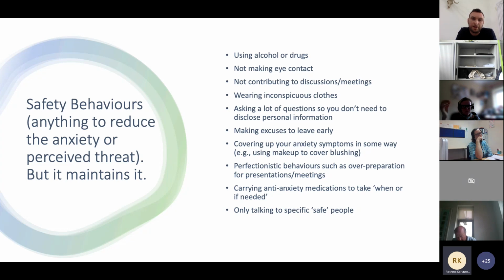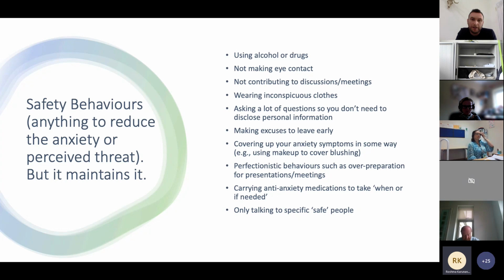Making excuses and leaving early, and this may be where the person feels the anxiety has got too much and they want to leave because if they stay in the situation any longer, something could happen or they could say something, etc. So again, trying to understand what the person is doing so that then we're able to put things back together again. Covering up the anxiety by using things such as excessive makeup. Okay, another thing.